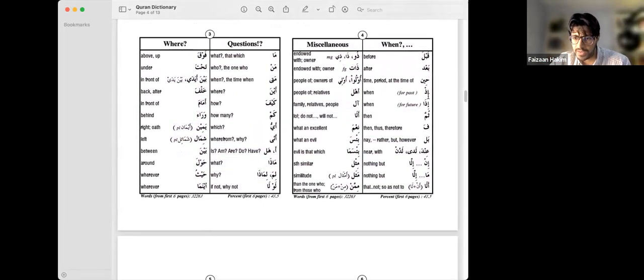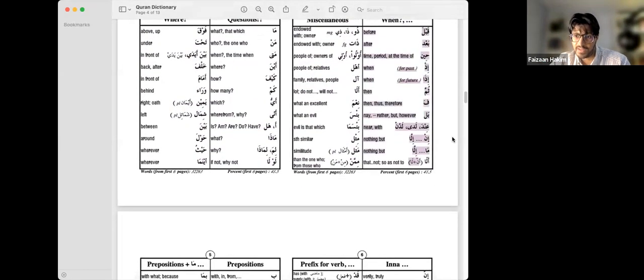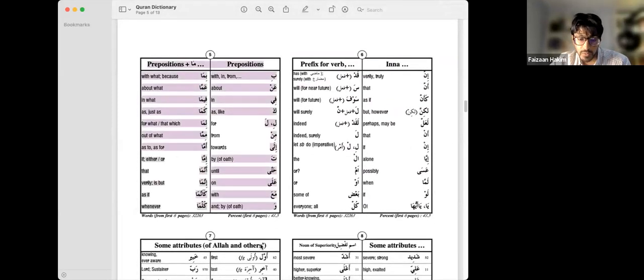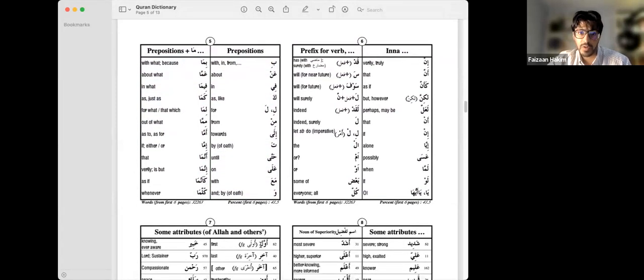Here we have our connectives, right? Thumma, fa. All of these, in a sense, can act as connectives. We have our prepositions. Now, these are really important because prepositions come everywhere.